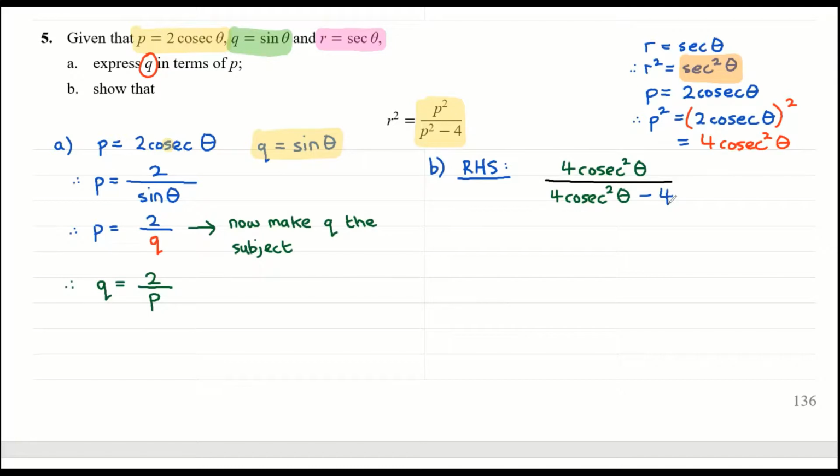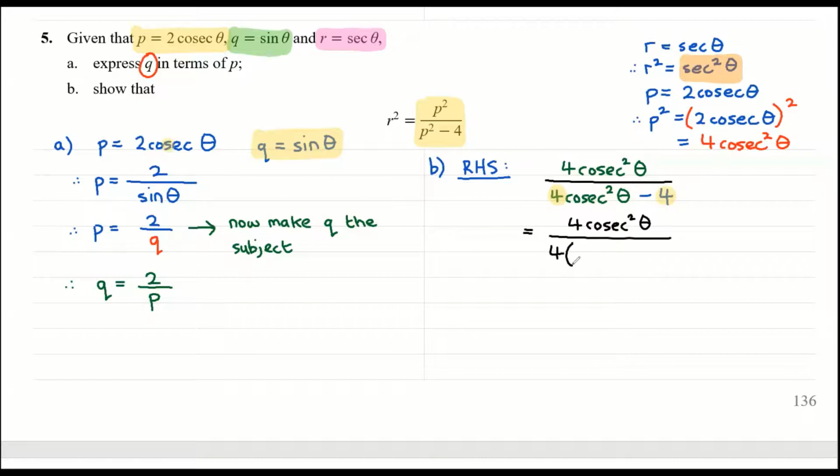Okay. Now then, what can we do with this? Well, I can do a factorization in the denominator. If you notice, we've got 4 in both terms here. So I can factorize the 4 out, and let's see what happens. So this is going to be equal to 4 cosec squared theta in the numerator over, and I'm going to take the 4 out at the front.